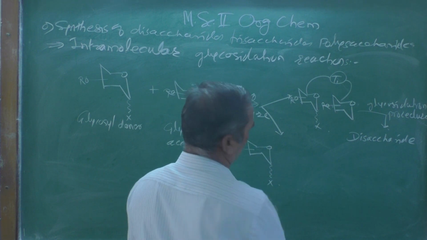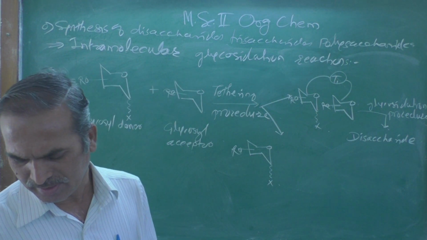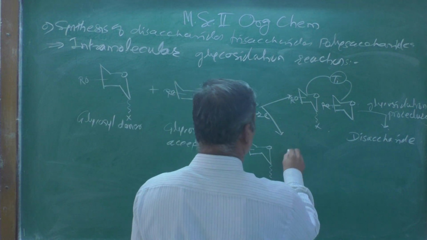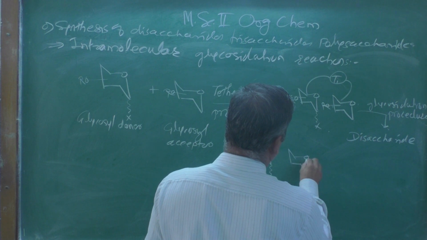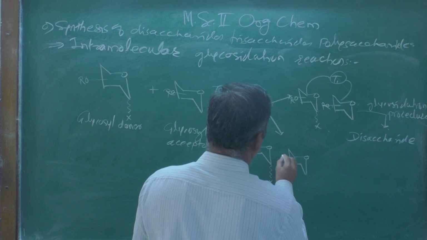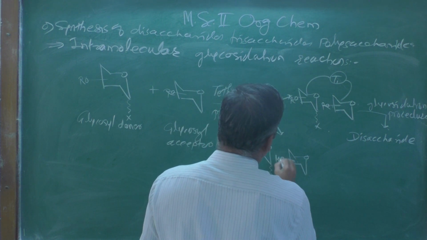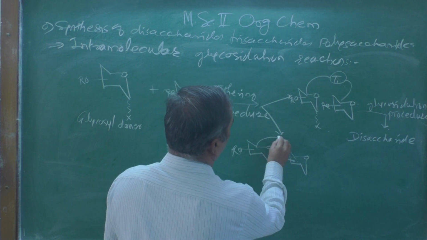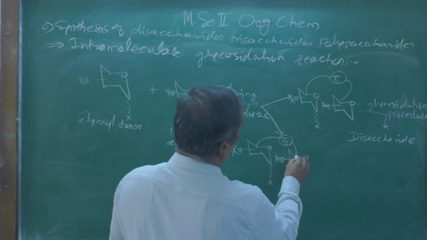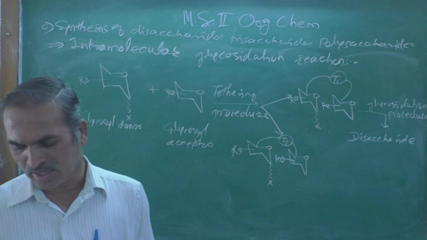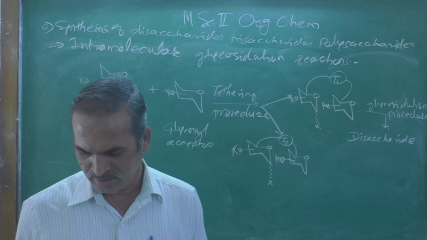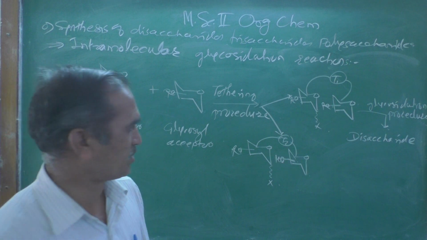In the other way, we can write another structure in the same way. Here RO, and another structure is shown with a hydroxy group. Here T2 is again a tethering group, followed by a glycosidation procedure.